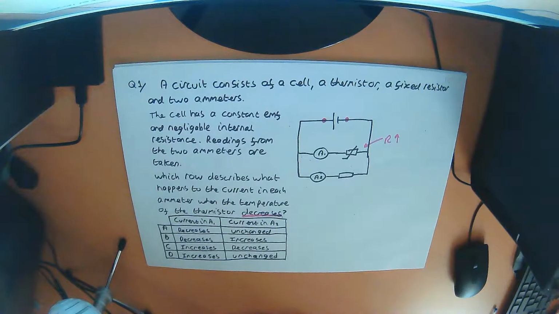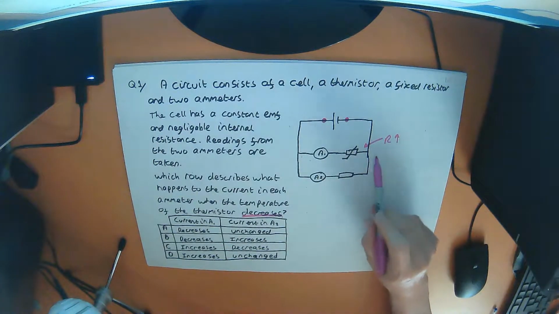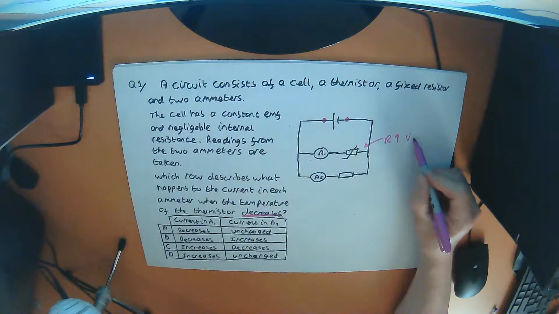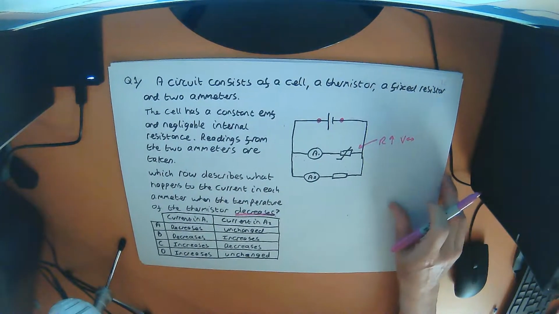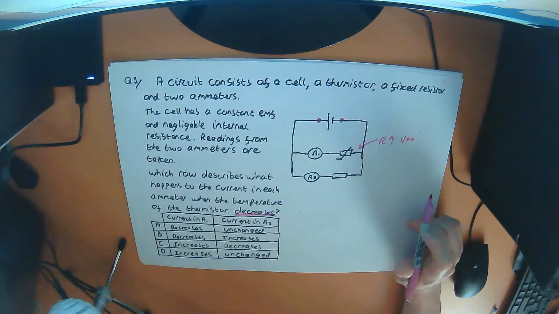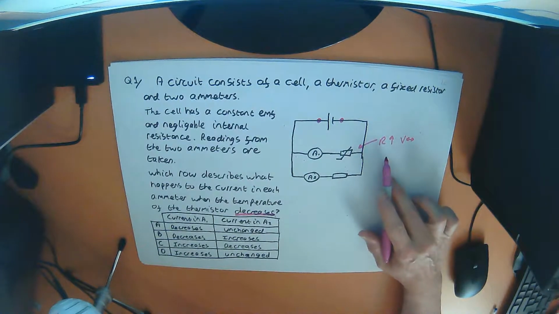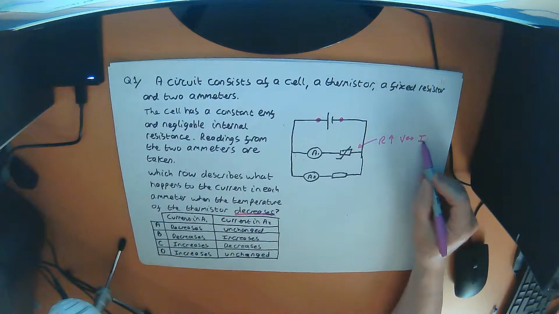And we know because they're in parallel with each other, the potential difference across the two will be the same. If the resistance of the thermistor increases, but the potential difference across the thermistor stays the same, then just using Ohm's law, V equals I times R, I equals V over R, V stays the same, R goes up, I goes down.